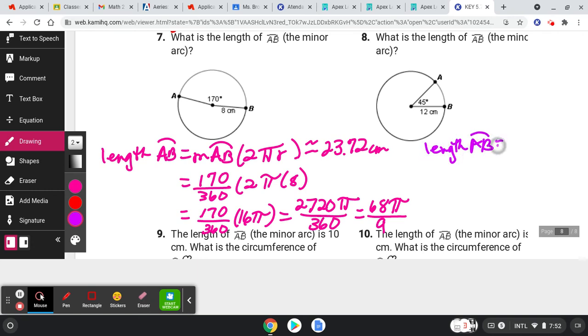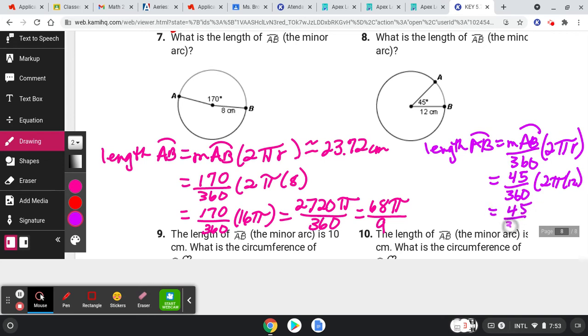Length of AB is equal to the measure of the arc over 360, our part of the whole. So this time it's 45 out of 360 times 2 times pi times the radius.